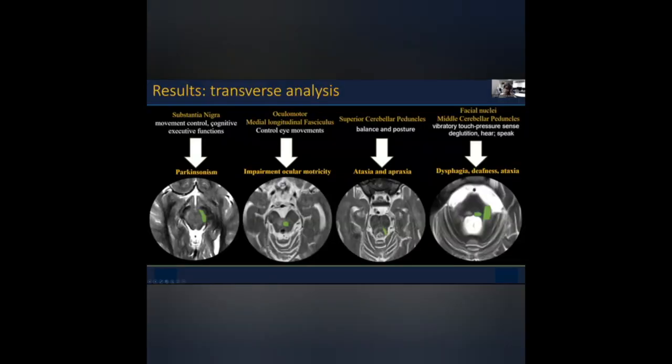Also important to know that the changes in the brainstem tend to be strongly related to clinical symptoms, for instance, involving substantia nigra with Parkinsonism, oculomotor nuclei and medial longitudinal fasciculus with impairment of ocular motricity, involvement of superior cerebellar peduncles in patients with ataxia and apraxia, and facial nuclei and middle cerebellar peduncles in patients with dysphagia, deafness, and ataxia.